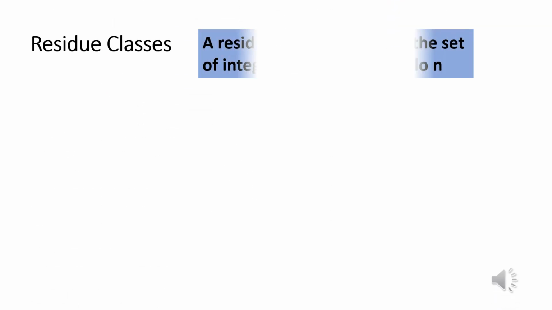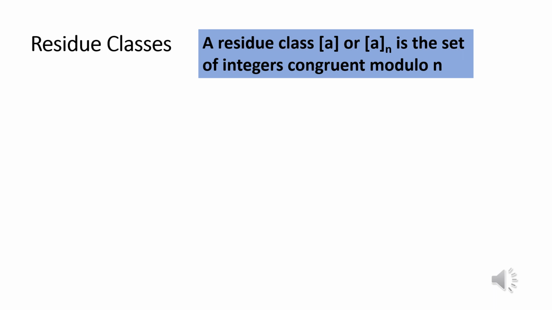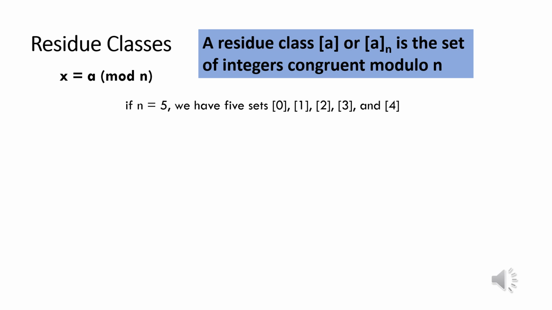A residue class, [a] or [a]n, is the set of integers congruent modulo n. In other words, it is the set of all integers such that x equals a, mod n. For example, if n equals 5, we have 5 sets: [0], [1], [2], [3], and [4].